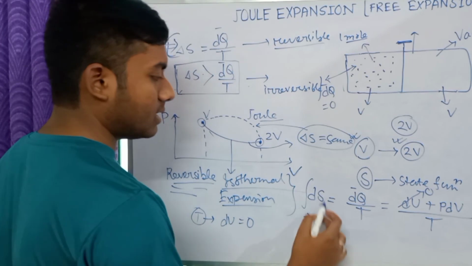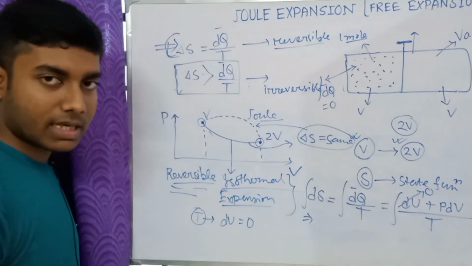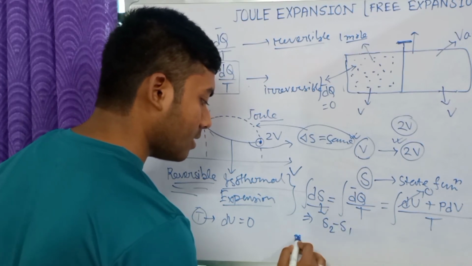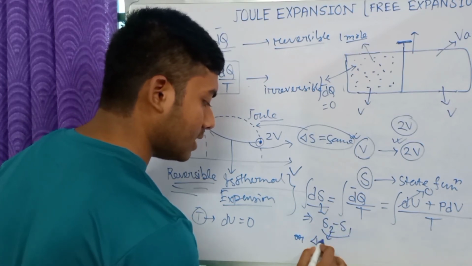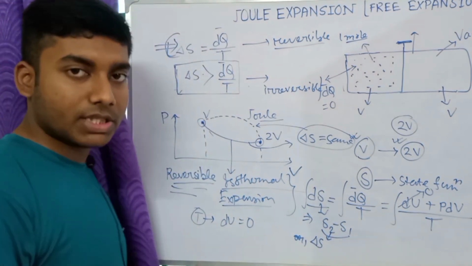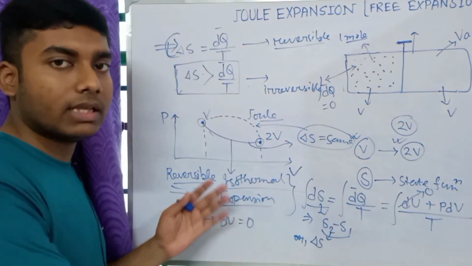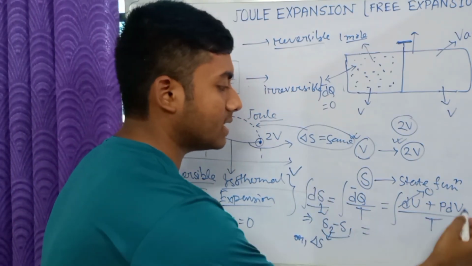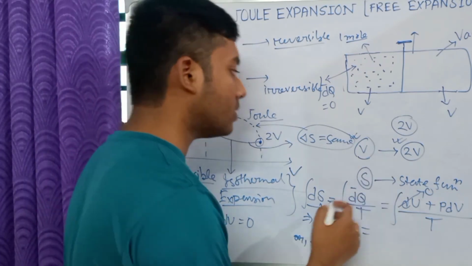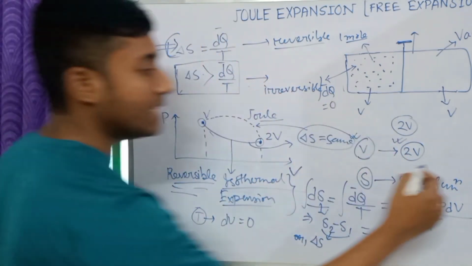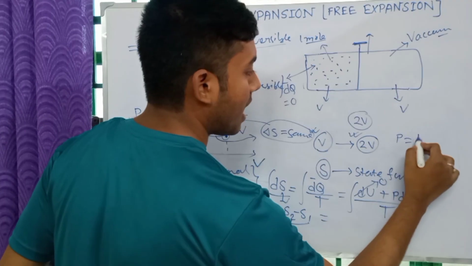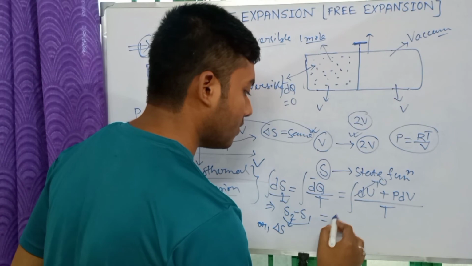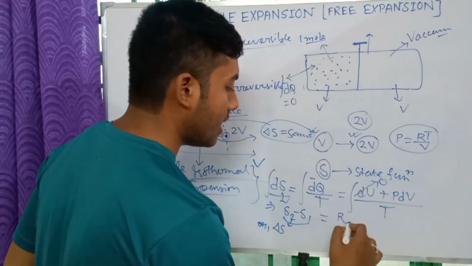So if we integrate this, it will be S2 minus S1, which is nothing but our del S, the change in entropy between the final and initial states. This equals the integral of p dV by T, and we know that p equals RT by V, as PV equals RT. If we put this here, this will be R ln 2.